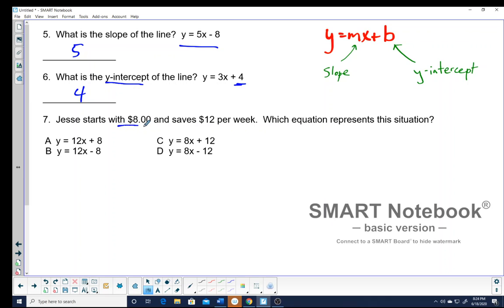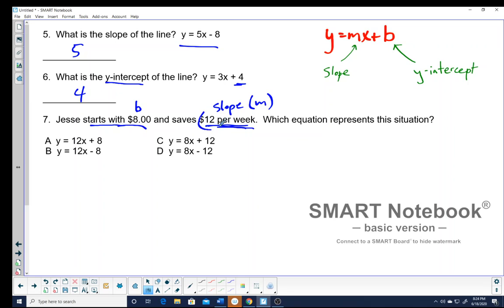Jesse starts with $8 and saves $12 per week. What's the equation for that? Starts with, that sounds like your starting value. Isn't that your y-intercept? So the 8 is your b value. $12 per week, that's a unit rate. That's your slope. So that's your m value.